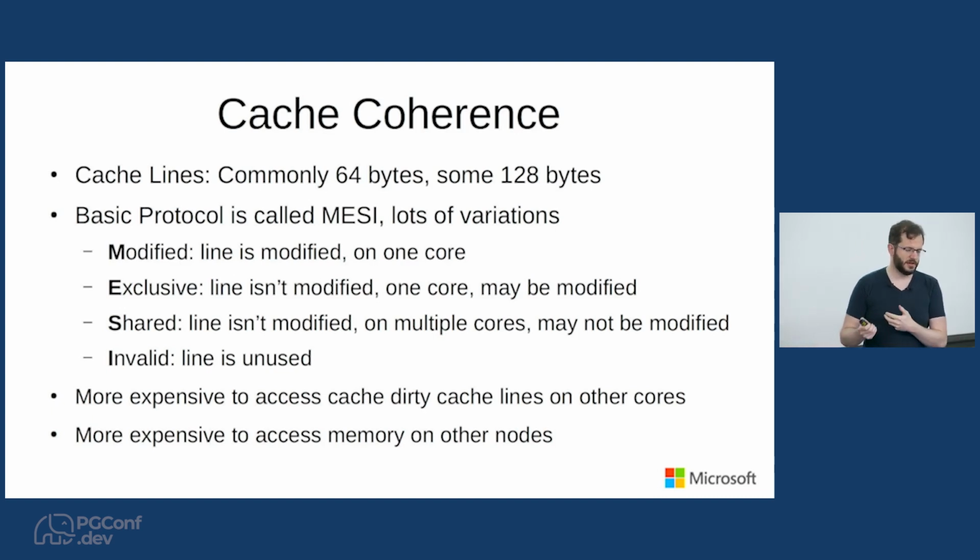And as you can imagine, to get a cache line into exclusive or modified state, we first have to make sure that no other core has that cache contents in shared state, because otherwise we wouldn't be the only one holding it.